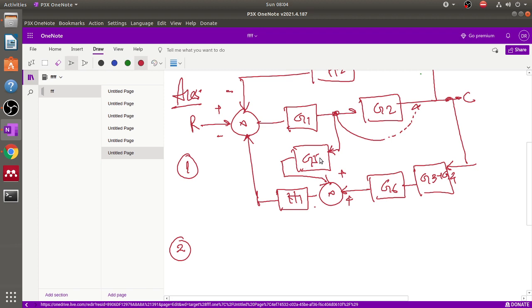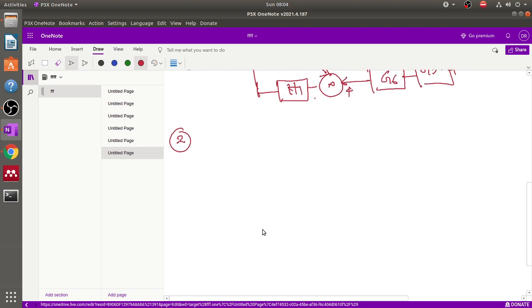So shifting this takeoff point from here to here, it is basically divided by G2, because after this it is multiplied by G2. So to reduce the gain G2, we multiply G5 by G2.